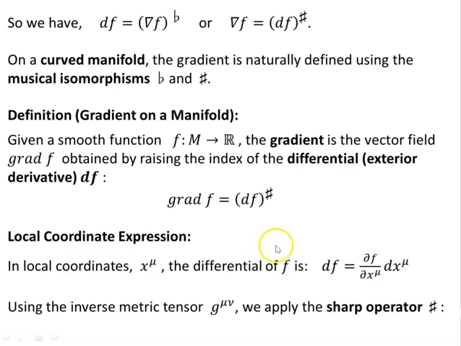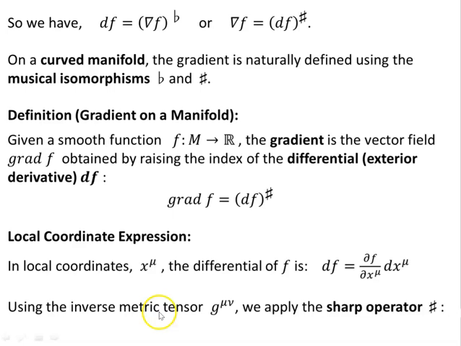All right. Local coordinate expression. In local coordinates x^μ on the manifold, a local chart, the differential of f is df equals partial f on partial x^μ dx^μ, with μ running up to the number of coordinates you have on that manifold.